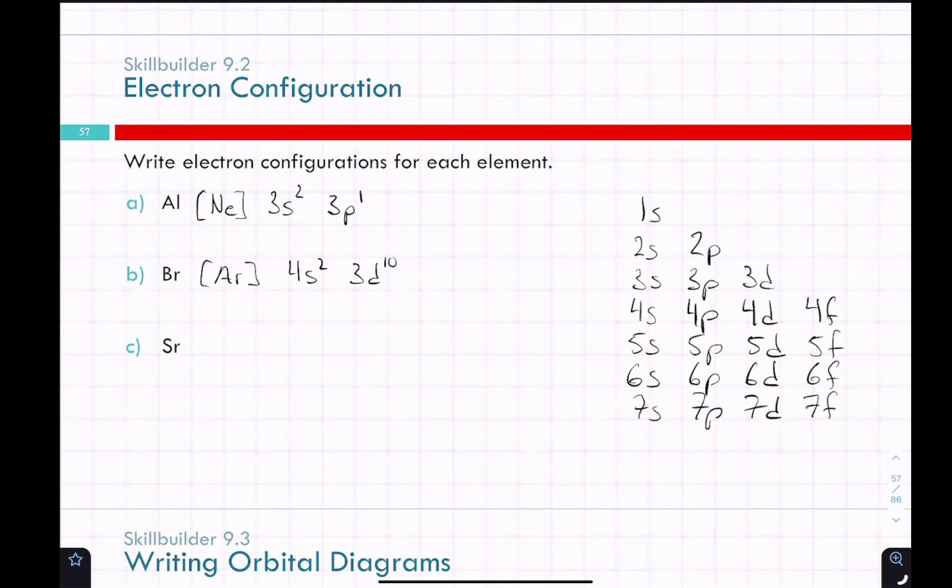So for bromine, sorry, I didn't finish bromine. What would the next orbital be for bromine? 4p. How many electrons in the p? 5.